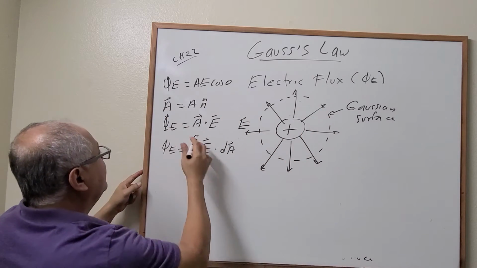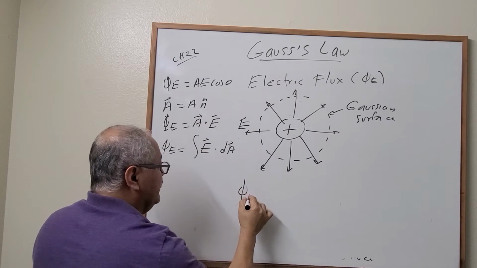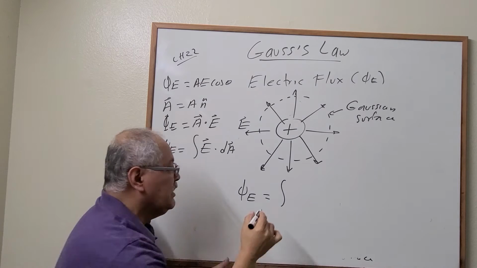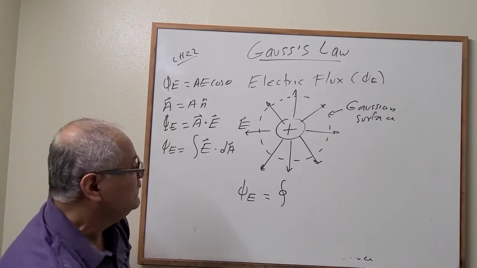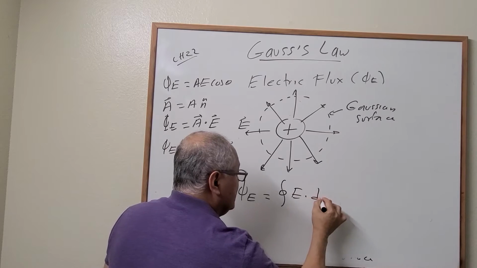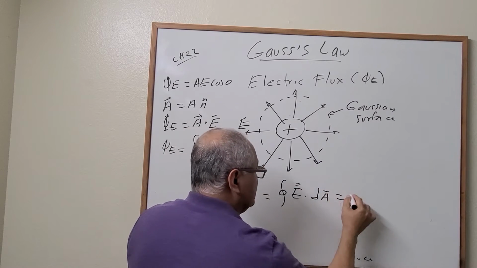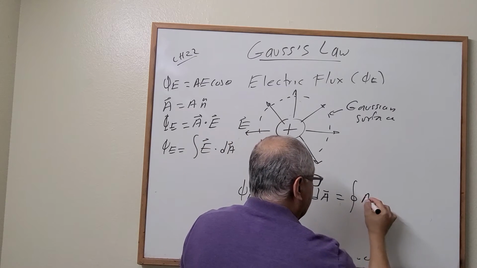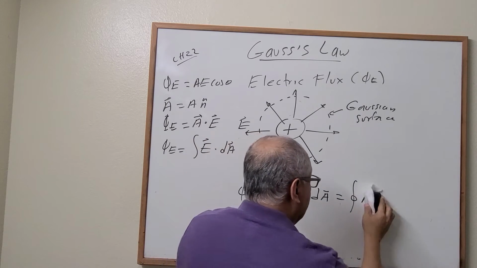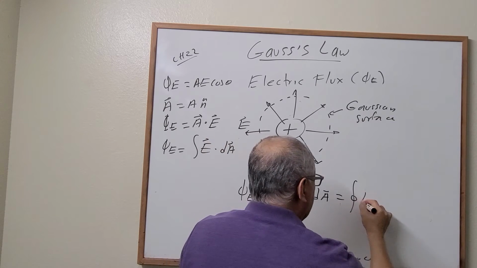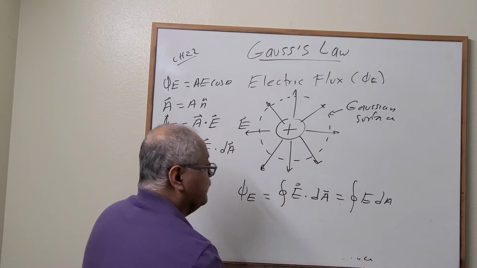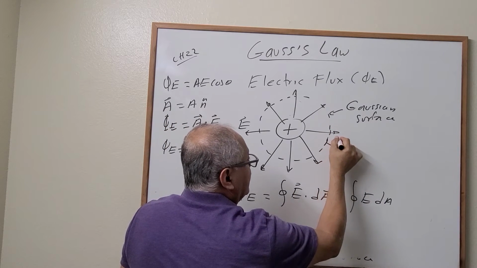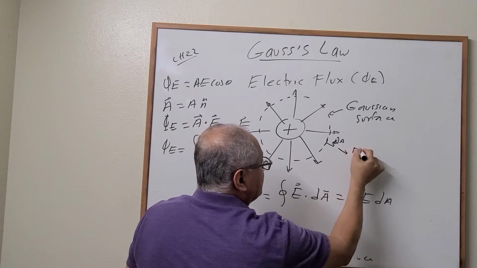What is the equation for the electric flux? It's going to be this one right here: the electric flux is equal to the integral. When we're dealing with a closed surface, we use this notation on the integral, of E dot dA. This is equal to the integral of E dA cosine theta, because the element area is parallel to the electric field.